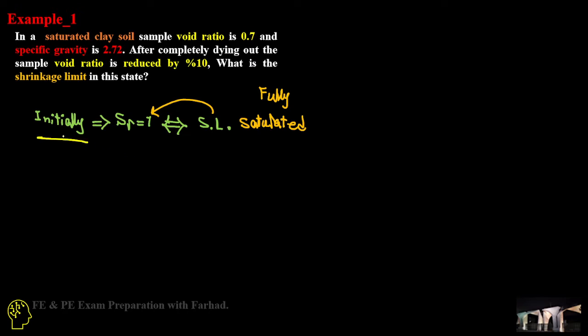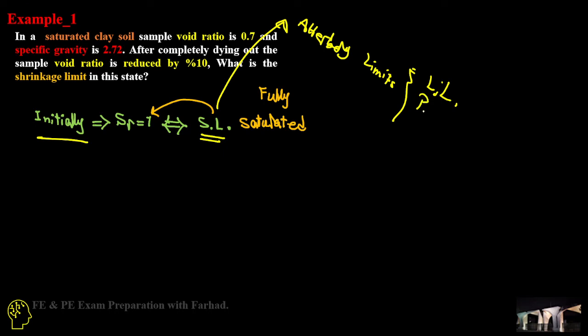Initially, if you remember, all the Atterberg limits, including liquid limit, plastic limit, and shrinkage limit, all of them happen at a saturation ratio of 100%.